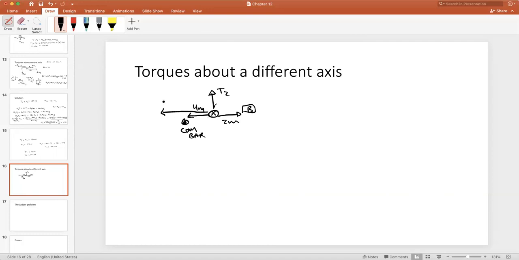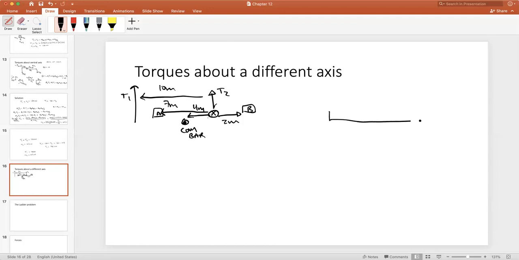So this would be 7 meters from T2. We had mass A, and a full 10 meters, we had tension T1.